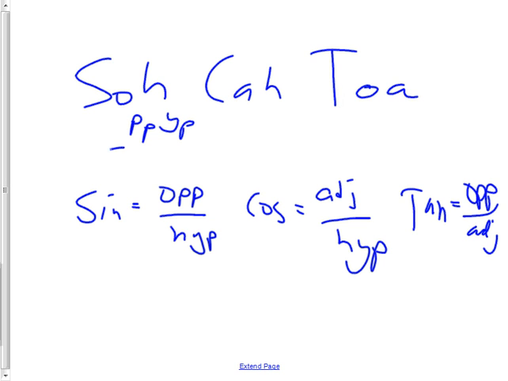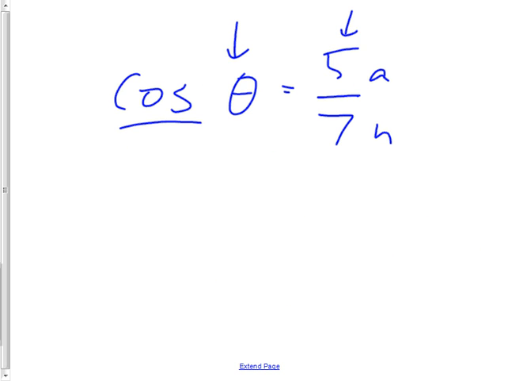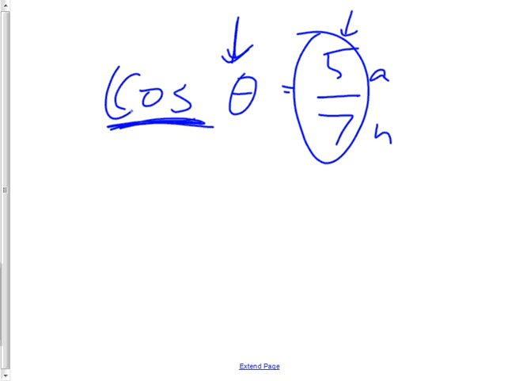Okay, so there's my sine, cosine, and tangent, and all of their ratios that go with them. So again, when you see a problem like this, I hope you just right away go, oh, I know that's where the angle goes, and this is ratios. And if it's cosine, it's got to be CAH, like from SOHCAHTOA, and the cosine is adjacent over hypotenuse. So this must be an adjacent side, and this must be the hypotenuse side in the triangle.